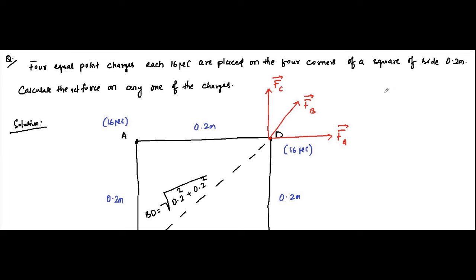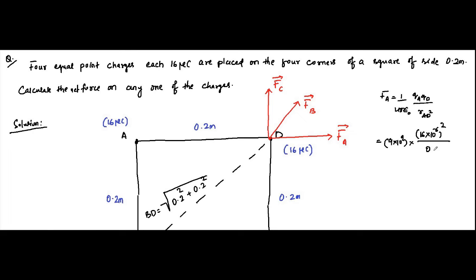FA is 1 by 4 pi epsilon 0 QA QD by RAD whole square, equal to 9 into 10 to the power 9 for 1 by 4 pi epsilon 0. Both QA and QD are equal to 16 microcoulombs, so it will be 16 into 10 to the power minus 6 whole square.